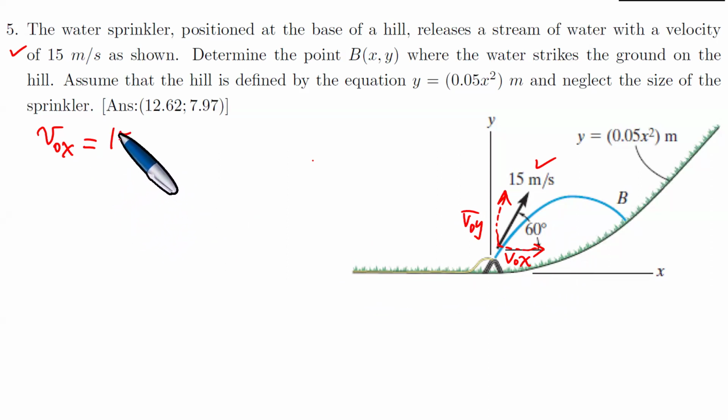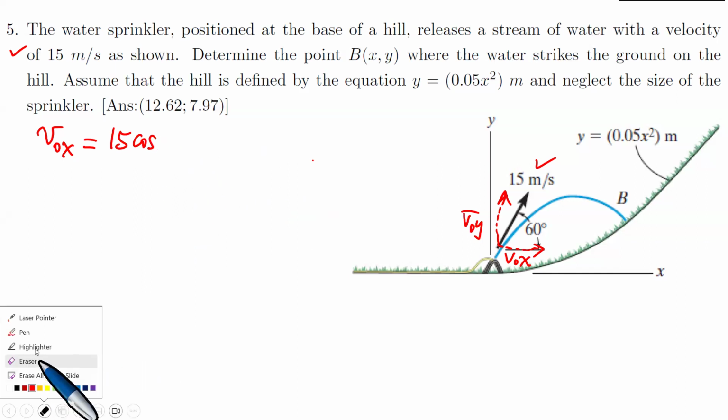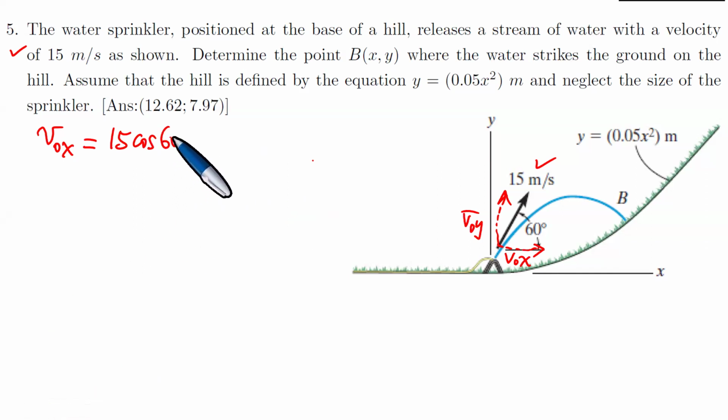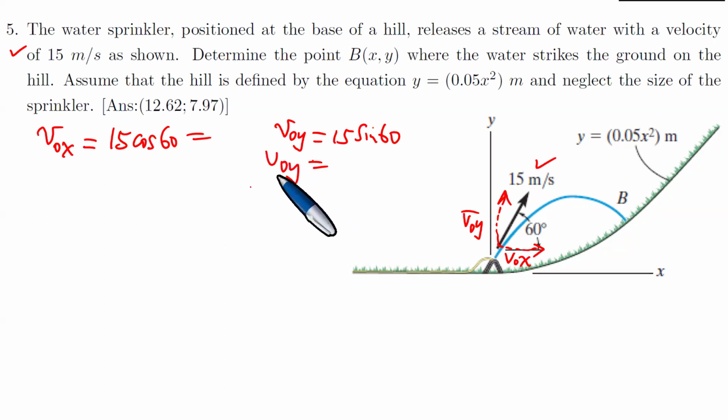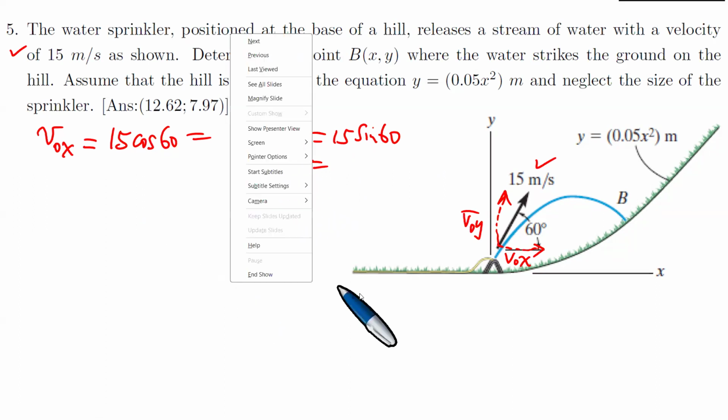So the v0x is going to be given by 15 cosine theta, and this is actually 15 cosine 60 degrees, which I'll get the answer. Then there's also v0y, which is 15 sine of 60.